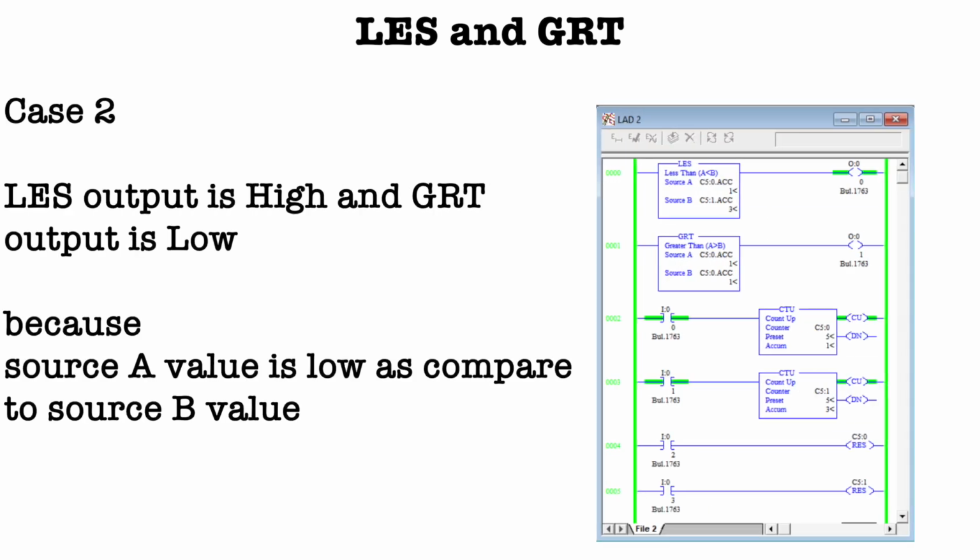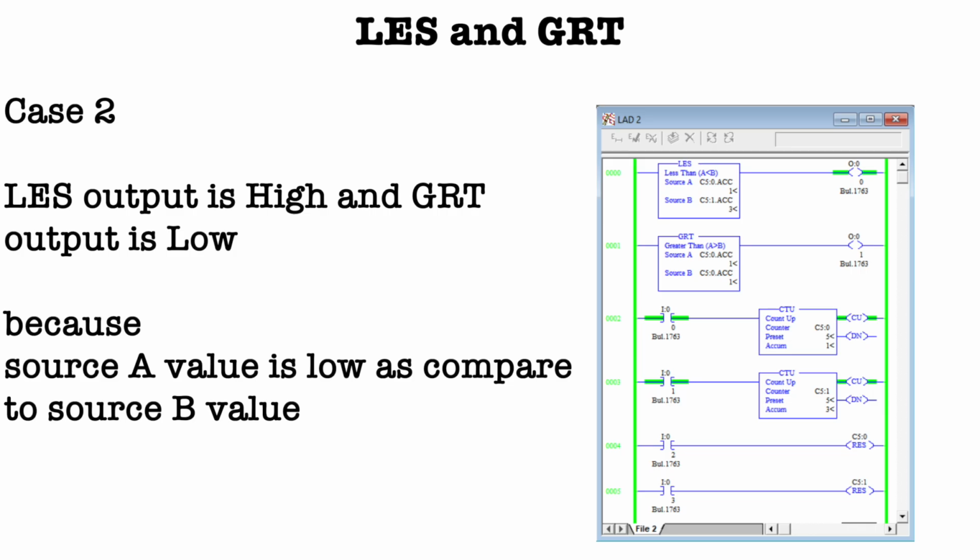So you can see in the next case, suppose I am changing the state of the first counter with the switch I:0/0, and you can see here the accumulator value changes from 0 to 1. At the same time, my second counter accumulator value changes to 3 with the switch I:0/1, right?